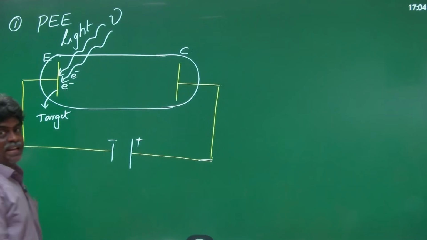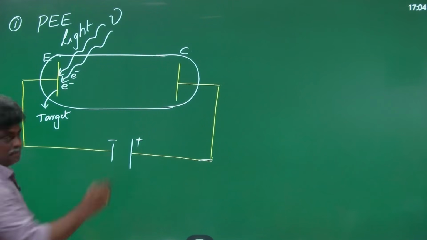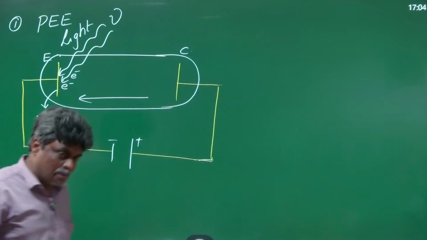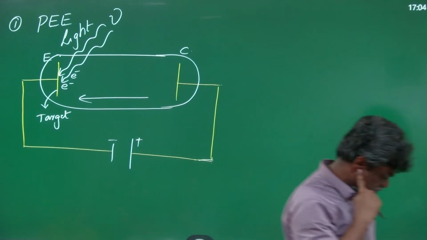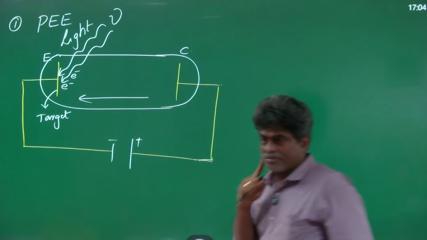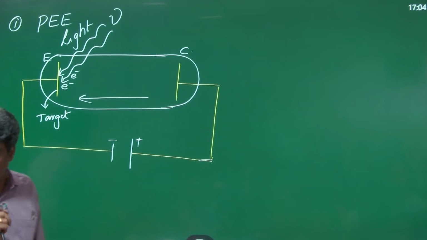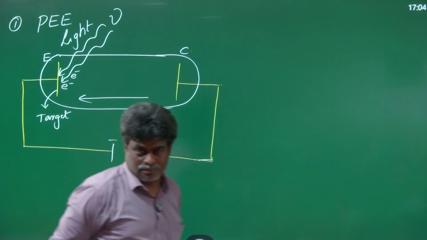Now what is the electric field direction? Positive to negative. Electric field is always diverging from positive and converging at negative. So that is electric lines of force. Electric field lines, closed or not closed?